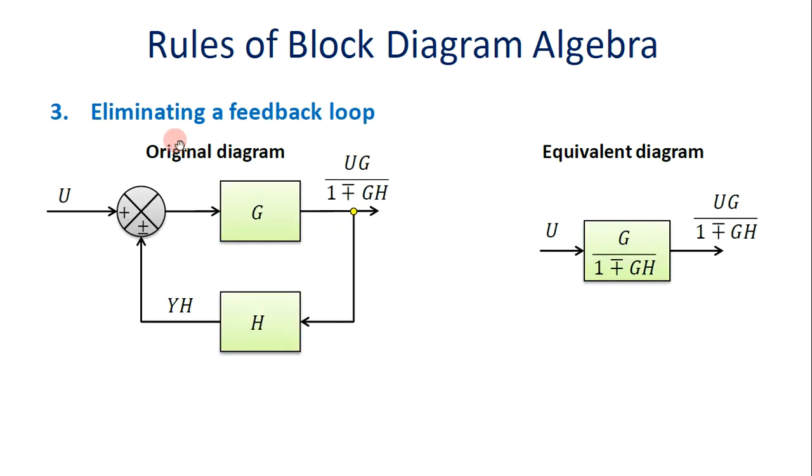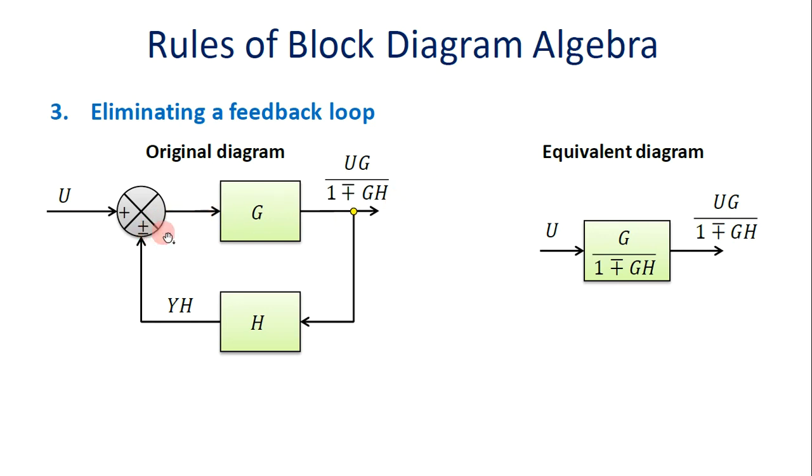Next, the third rule, eliminating a feedback loop. Here, G has the forward direction and H has the reverse direction. That is the reason this is named a feedback loop. By normal convention, if G of s is the forward transfer function and H of s is the feedback transfer function, then for negative feedback the formula is G of s by 1 plus G of s into H of s.